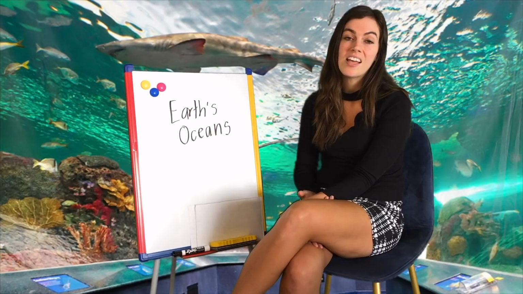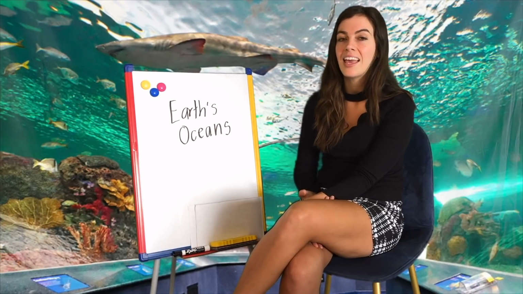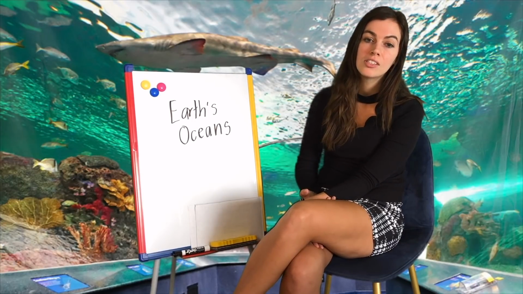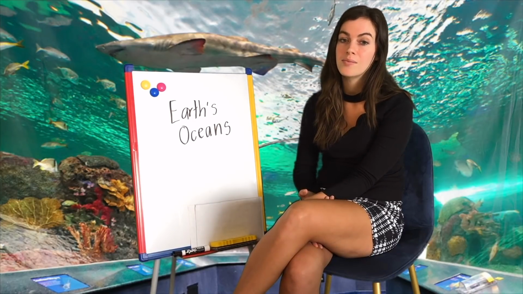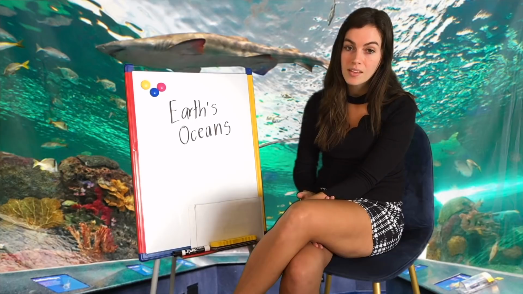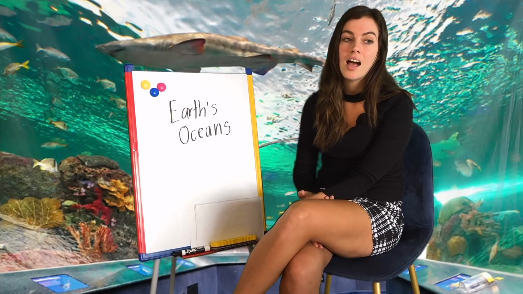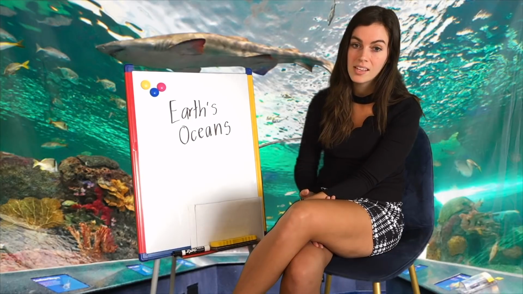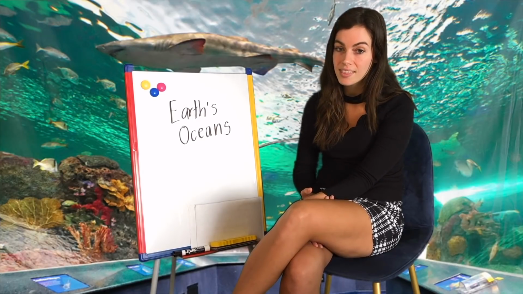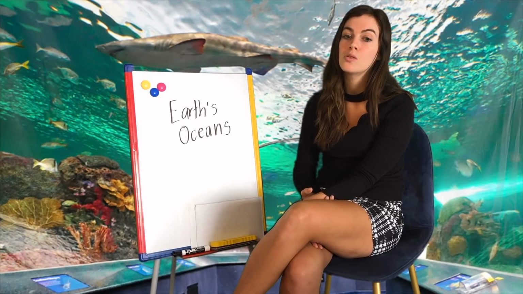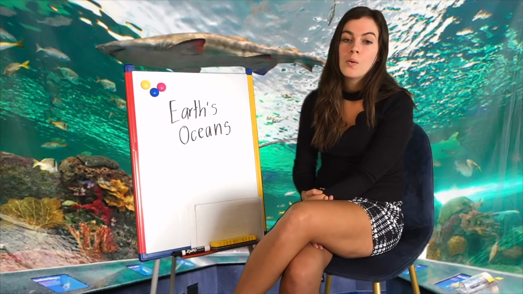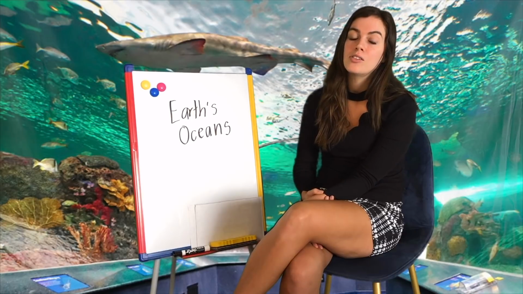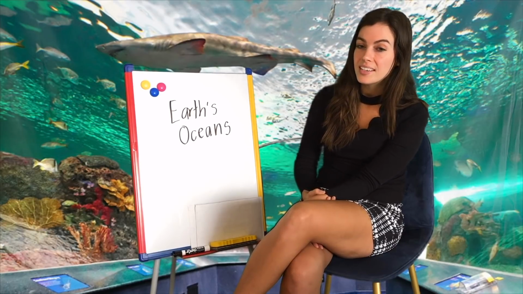So that means all rivers, lakes, glaciers, snow, and groundwater make up only 3%. The average depth of the ocean is about 3,800 miles, and at its deepest depth, it's greater than 29,000 feet. The average temperature in the ocean is about 39 degrees Fahrenheit.